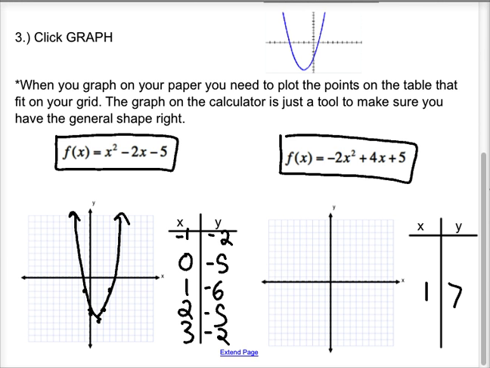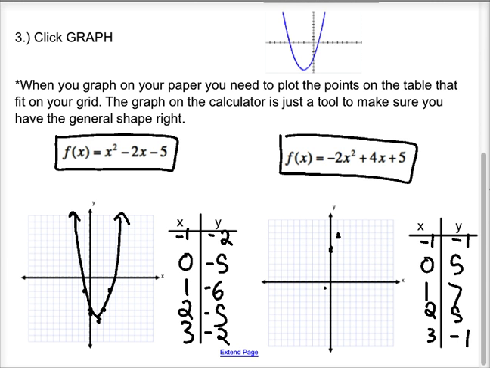And now I'm going to put 2 points above it and 2 points below it. And those are going to be the points I plot to get the general shape of my quadratic, the general shape of my parabola. So negative 1, 1, 0, 5, 2, 3, 4, 5 puts me right there. 1, 7.